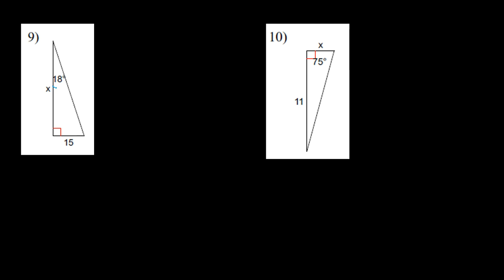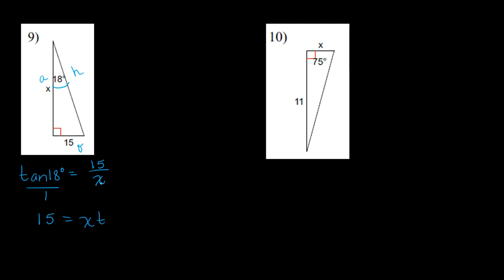Our reference angle is 18. So from this perspective, 15 is your opposite side. X is your adjacent, and this is your hypotenuse, but we're not using the hypotenuse at all. So we're going to use opposite over adjacent. So that is tangent. So the tangent of 18 degrees is equal to 15 over x. Cross multiply.